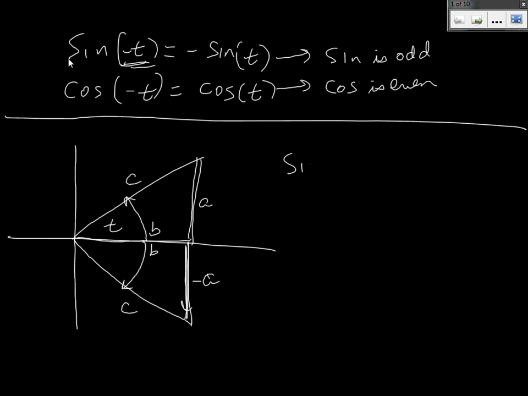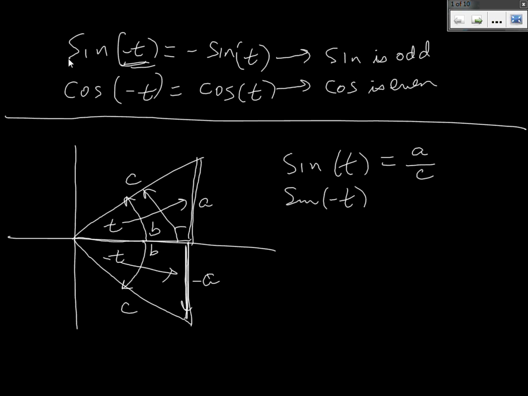Now, in quadrant 1, we're going to look at the sine of t and the sine of negative t. The sine of t is the opposite of t divided by the hypotenuse, which is opposite the right angle. And the sine of negative t, let's label that negative t, is going to equal the opposite, negative a, divided by the hypotenuse c. And what we notice is that they're not equal.